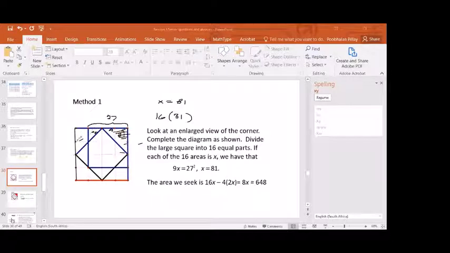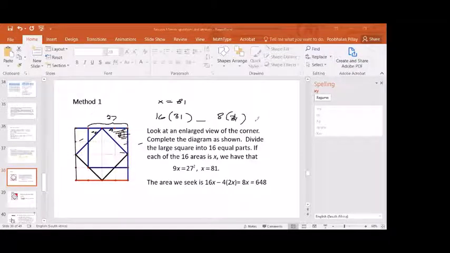This will also be 2, this will also be 2, this will also be 2. So you have 8 square units. The 4 areas which you snip off from the corners of the large square, if you take them off, that will give you the area of the square that you're looking for.